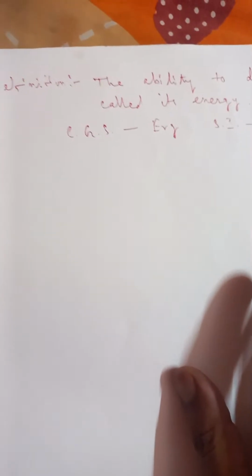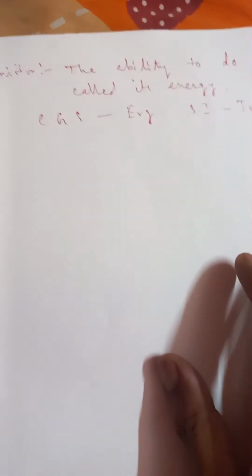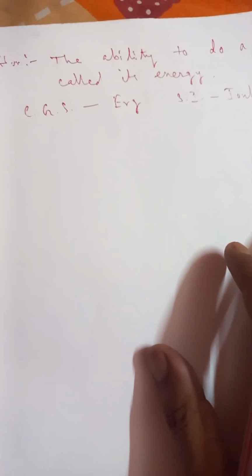So its units are the same as work. The CGS unit is erg and the SI unit is joule. And it is also a scalar quantity. It has magnitude but no direction.